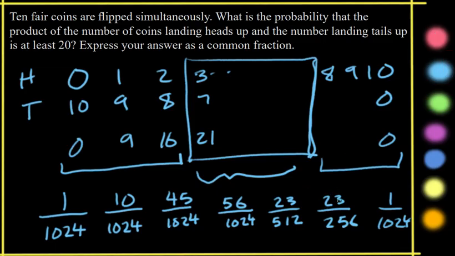So we need to do 1 minus 23 over 256. I'll just use this little space here. So that's going to be 256 over 256, that's 1, minus 23 over 256. So that's going to be 233 over 256.